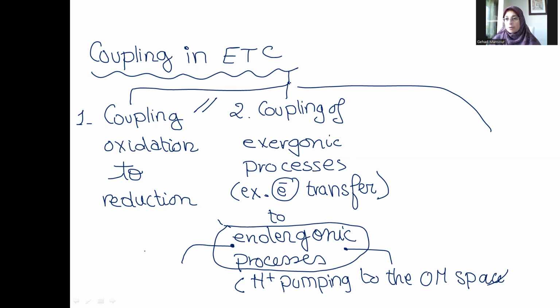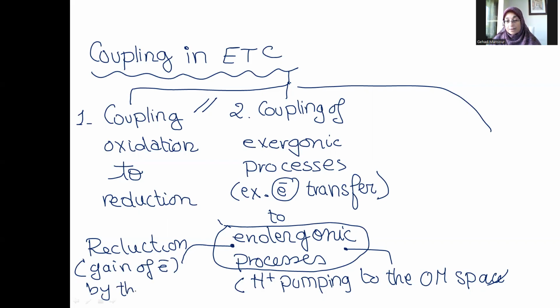The other one is also important: the reduction of the next carrier, because the gain of electrons by the next carrier is also an endergonic process. So when we say that we have coupling of oxidation with reduction, this is coupling of an exergonic process with an endergonic process.